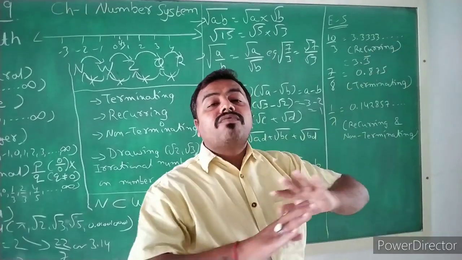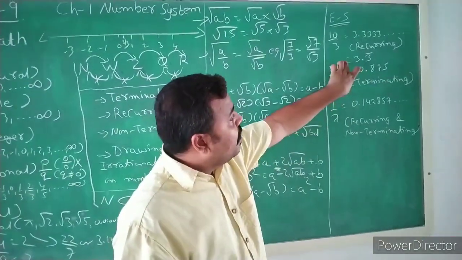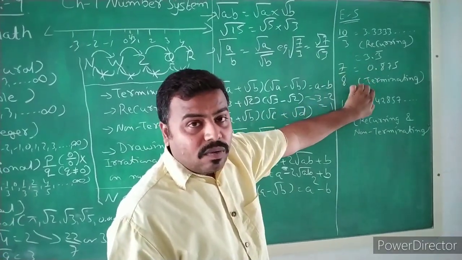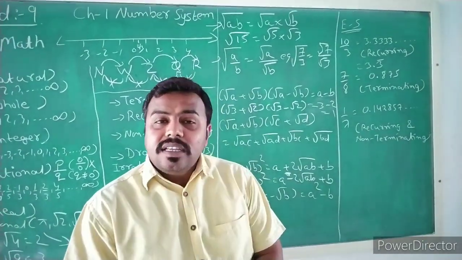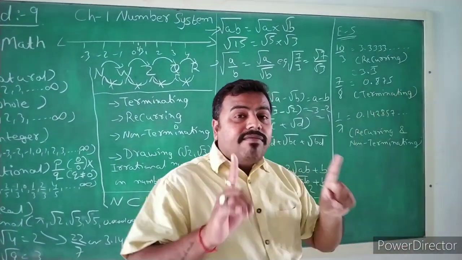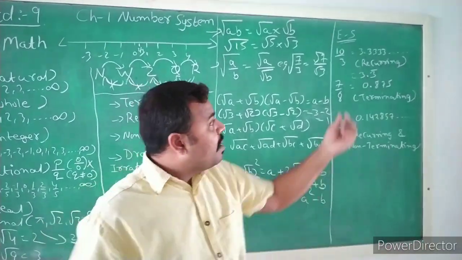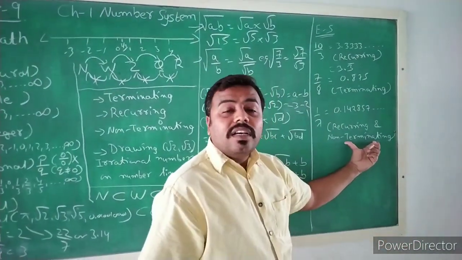After these there is no further division possible. Means in such examples, here we are getting remainder 0. If you are getting remainder 0, then remember such numbers are called terminating numbers. If you are not getting remainder 0, then such numbers can be recurring or non-terminating.